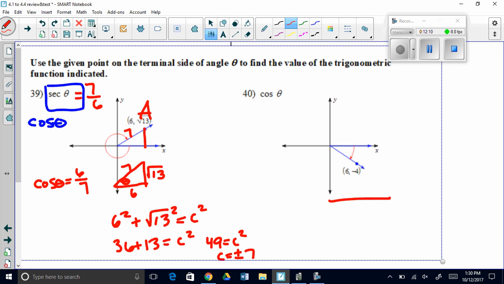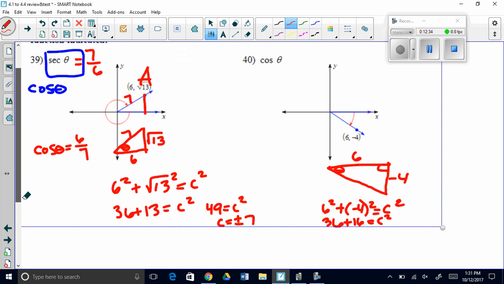So if we do the same thing over here with this one, we have our right triangle. We know our x value is 6 and our y value is negative 4. And we solve again, so 6 squared plus negative 4 squared equals c squared. So 36 plus 16 equals c squared. So 36 plus 16 would be 52. 52 equals c squared.